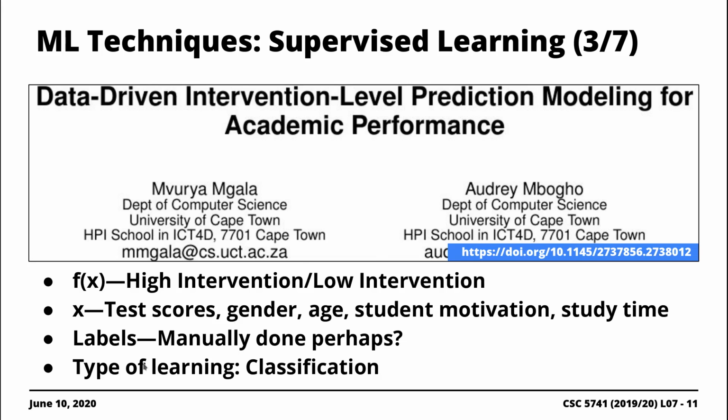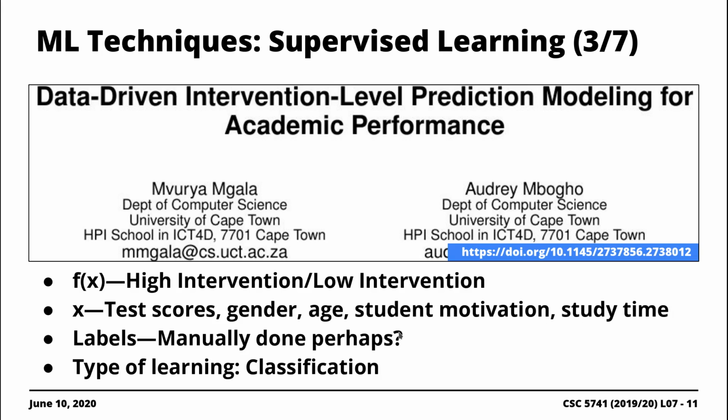And if you read up on this paper, what you notice is that the stream of X's that they were playing around with here incorporated so many different things. So you have demographic details here. You have attributes associated with test scores, attributes associated with student motivation and study time.